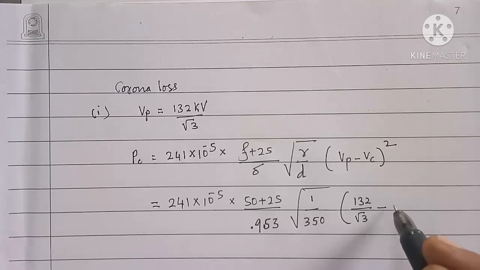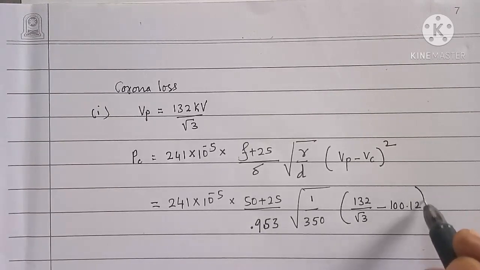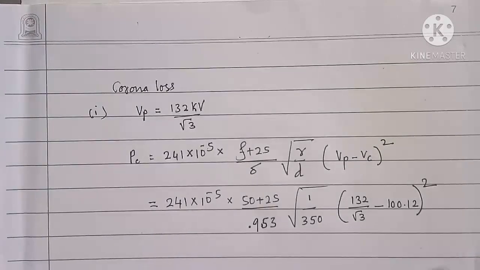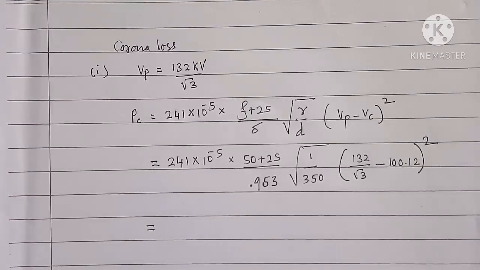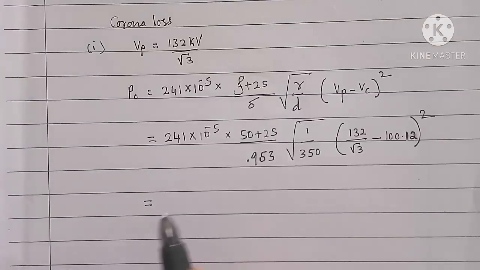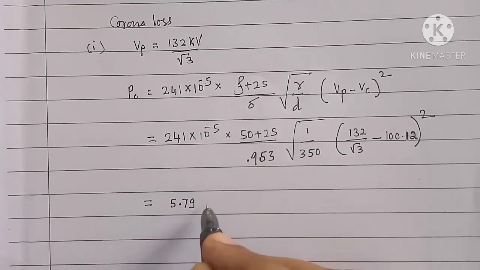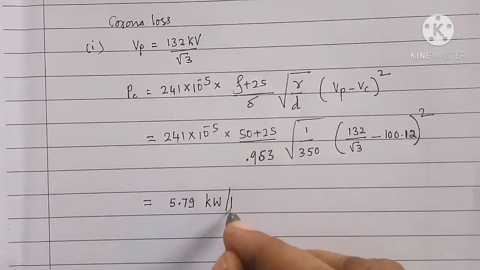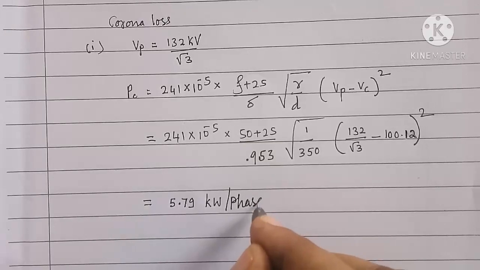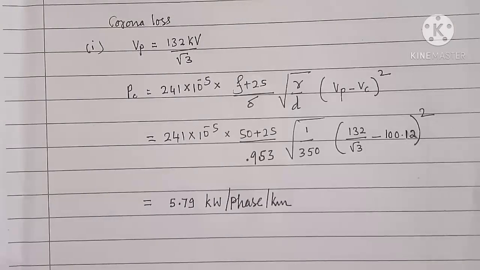Vc calculated is 100.12 whole square. On simplification we get 5.79 kilowatt per phase per kilometer.